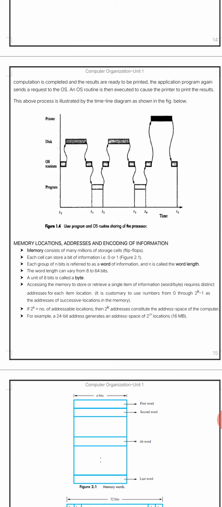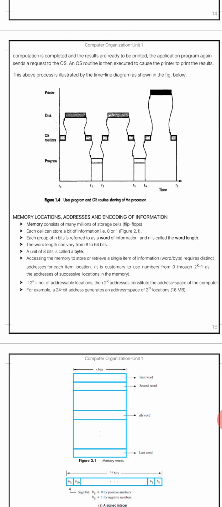For that purpose, the operating system sends a request to the disk for transfer from disk to main memory. So this diagram specifies how we can print a document, by using one processor, one disk, one printer.